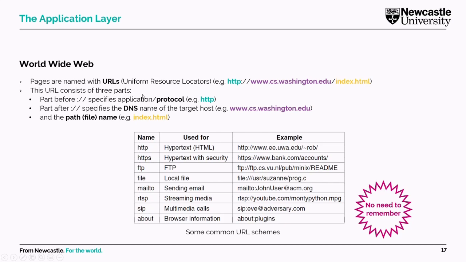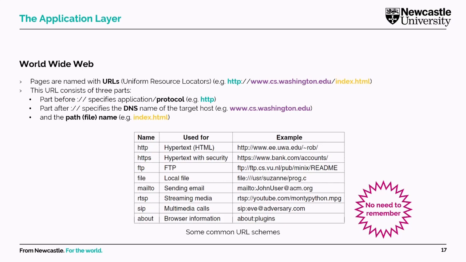So the part after the protocol specification, after the double slash, specifies the DNS name of the target host. We've learned that in order to map these names to IP addresses, they need to talk to a DNS server and find out what the IP address for this particular host is.